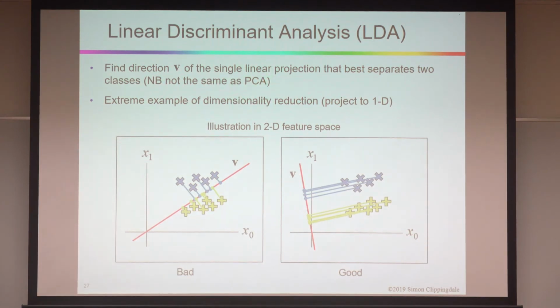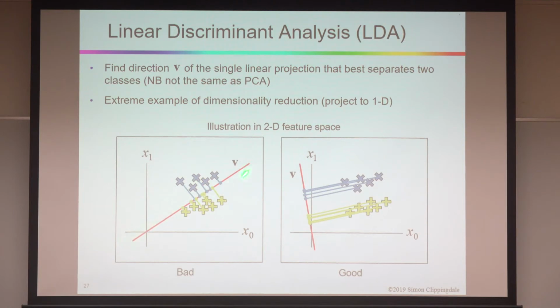The criteria are different. First of all, we've got labeled classes. We have two classes of labeled training data, and the idea is to find a line onto which projecting that data gives you the best separation, the best chance of doing the classification.